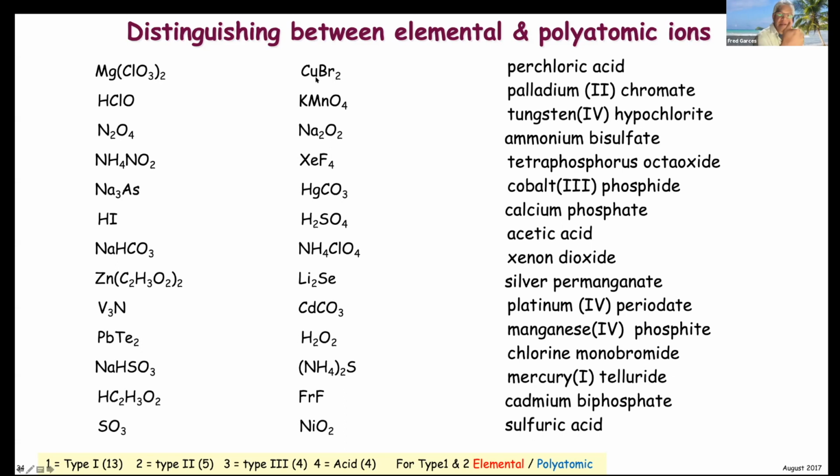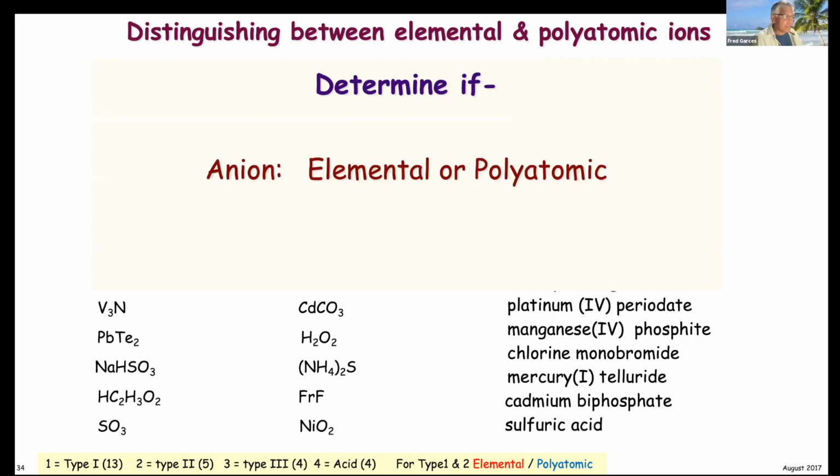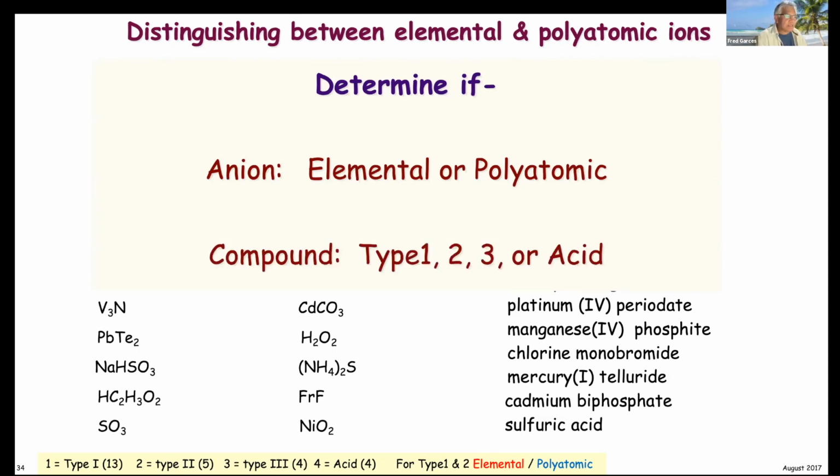Well, copper has a variable charge. So you would say copper, whatever that charge is, and then bromide. So that's what I would be talking to you guys about if we were in class. Determine if the element is elemental or polyatomic. If the compound is a type 1, type 2, type 3, or an acid.